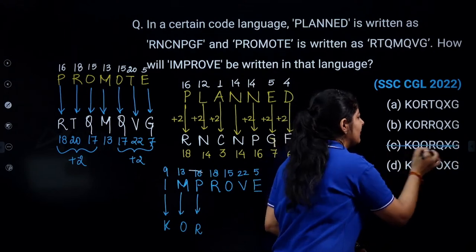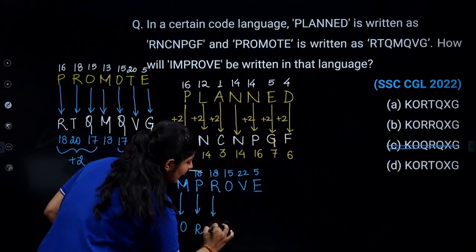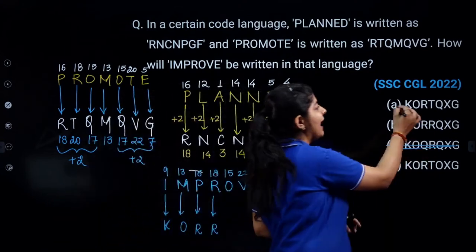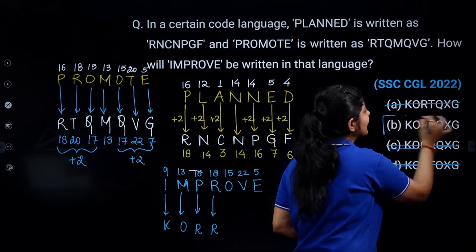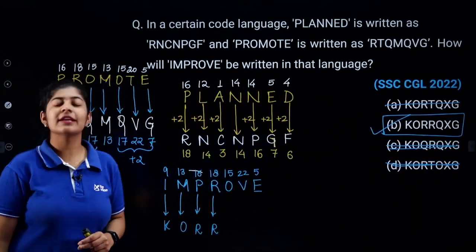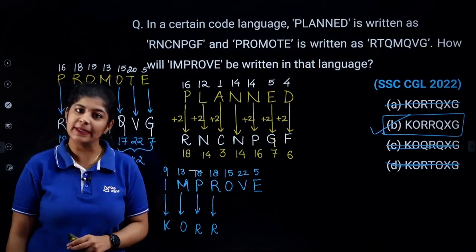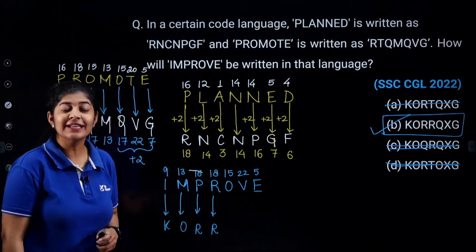No. Just simply eliminate this option. Next. This will remain the same, so we are getting double R. Do we have that? No. Do we have that? Yes. Do we have that? No. So the correct answer over here is option number B. Is it clear? Okay. So let's move towards the next question.